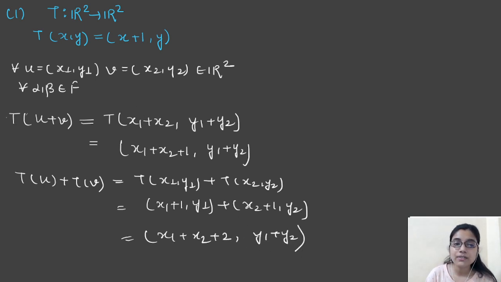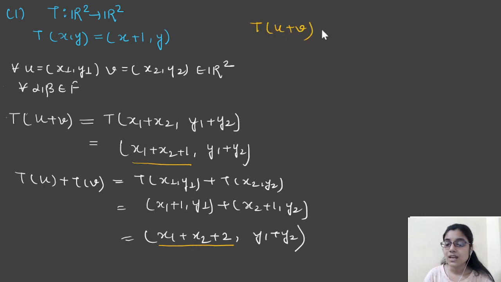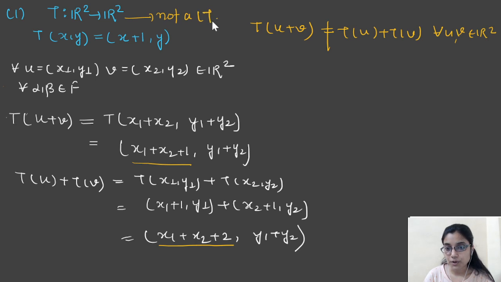Now you observe the things. Here we are getting x1 plus x2 plus 1 and here we are getting x1 plus x2 plus 2. That means T of u plus v is not equal to T of u plus T of v for all u, v in R2. That means this T is not a linear transformation.